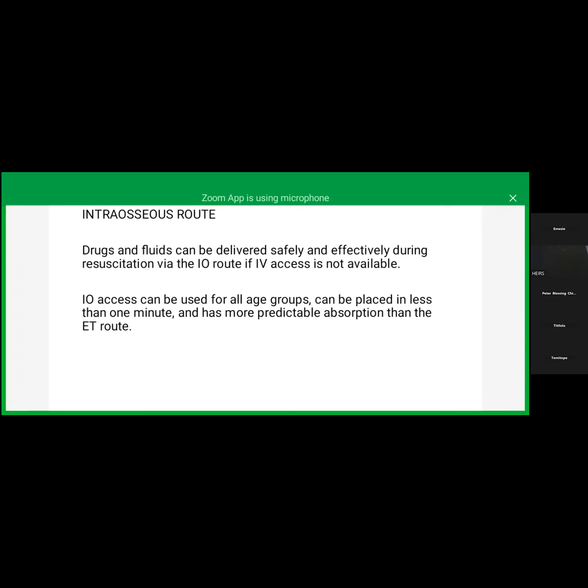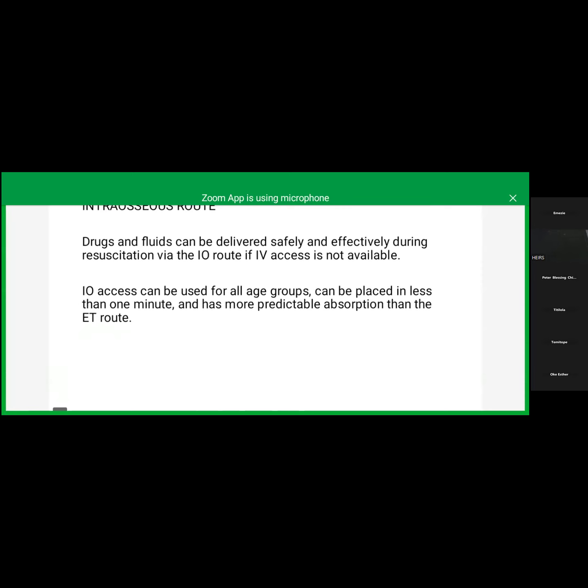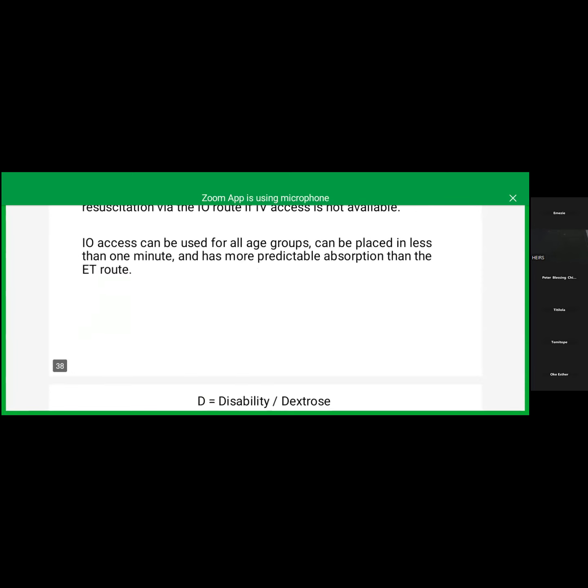But this is used only in a patient whose line is very difficult to secure. So just know that we can actually give medication and IV fluid through the bone marrow.